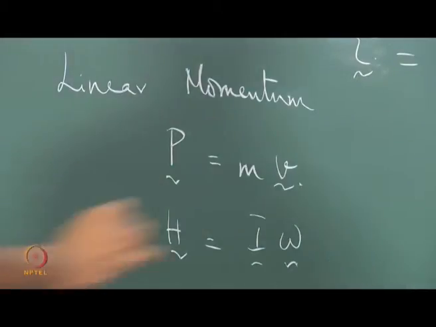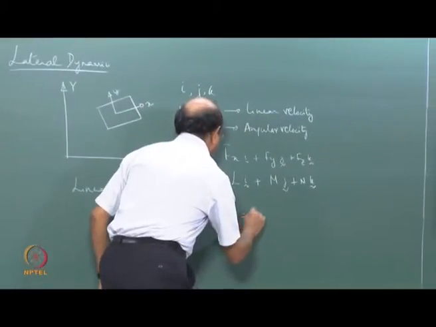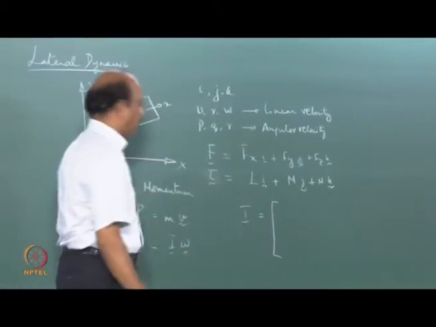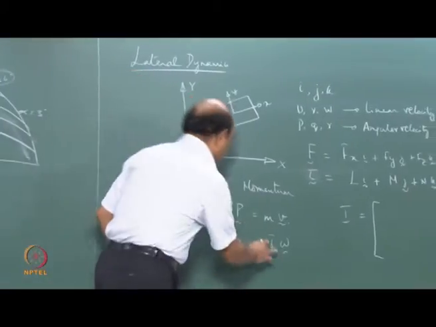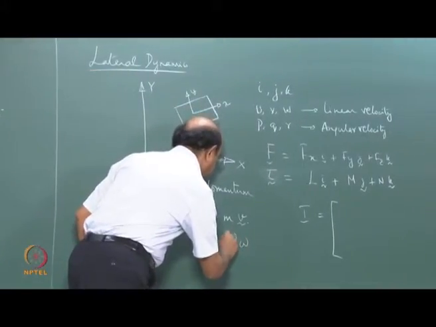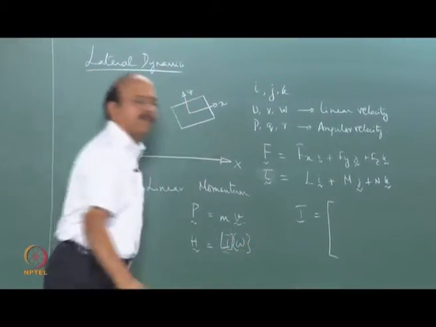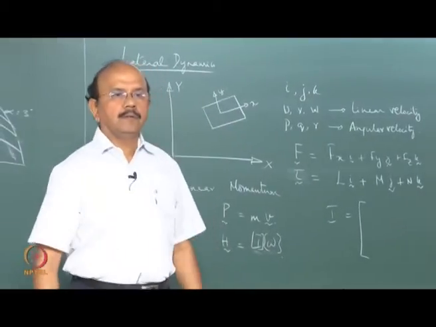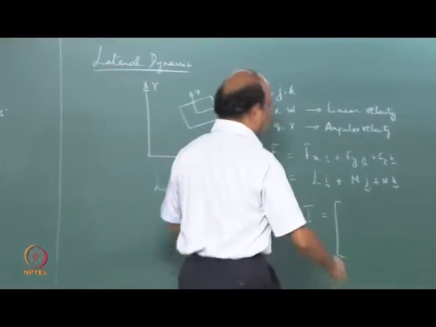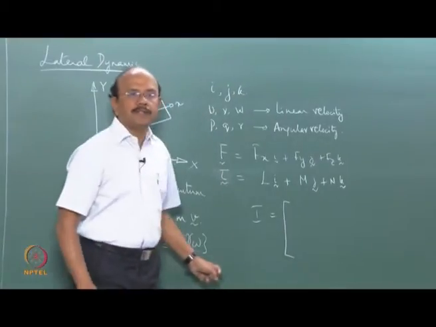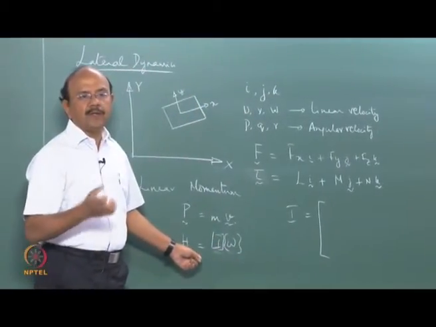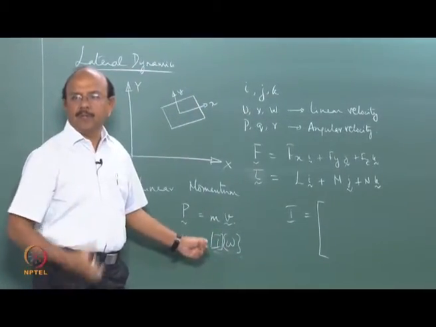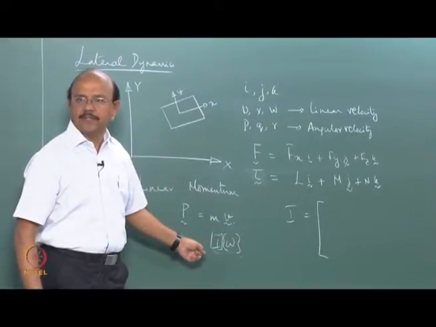And what is I? If you want, we can replace that with the matrix notation. You would have studied this as one single quantity along x and so on. Now we are just extending this to 3D.